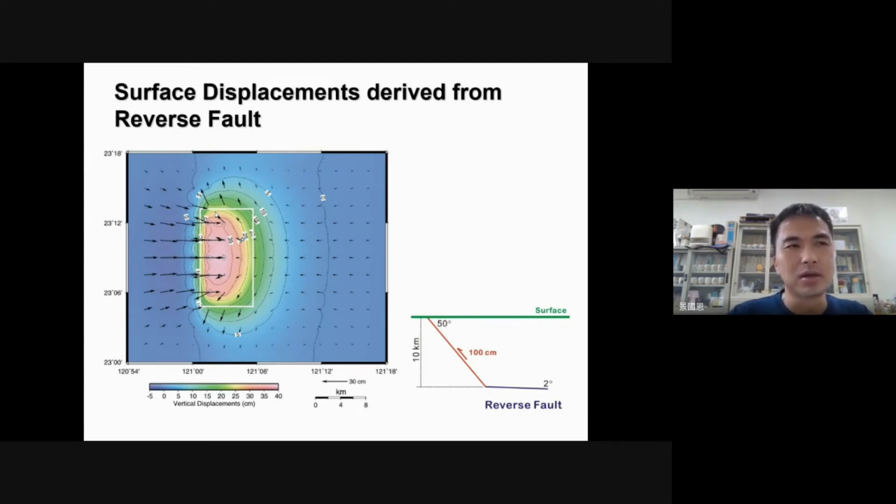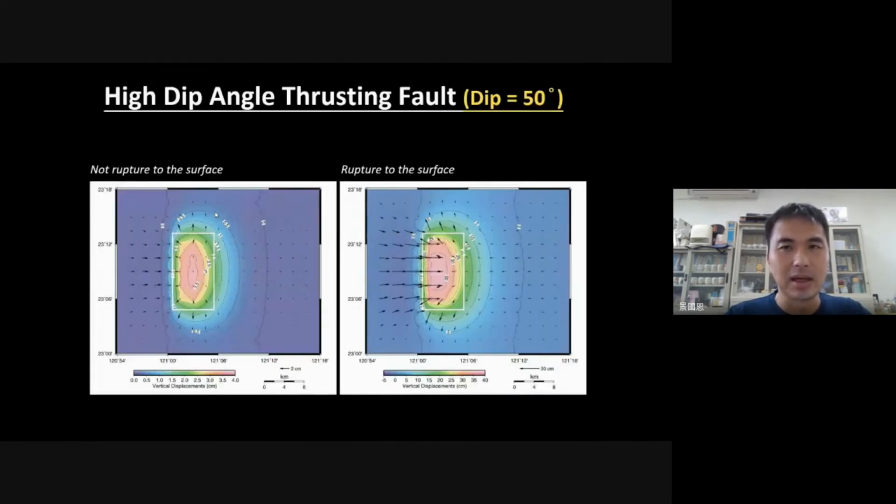Or once you get the pattern of the surface deformation, you always need to understand what kind of mechanisms may cause what kind of surface deformation.